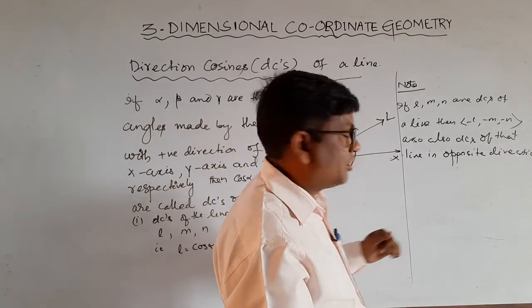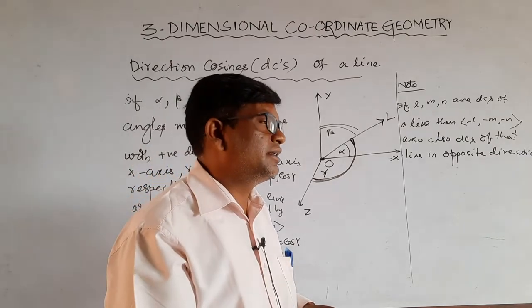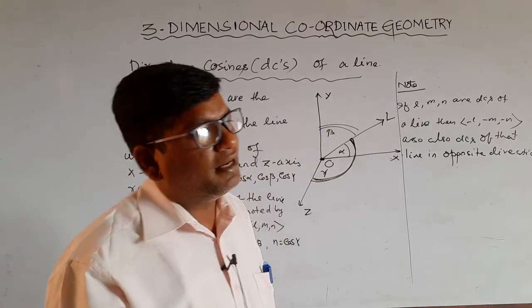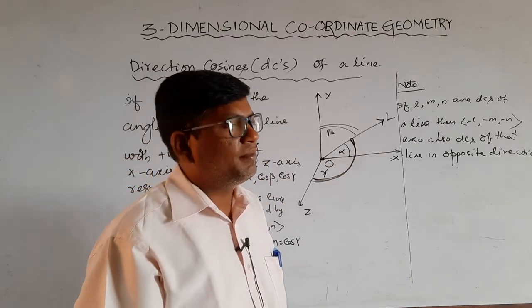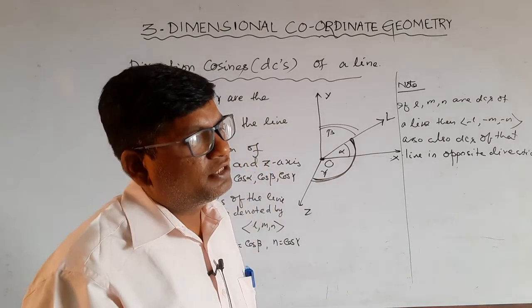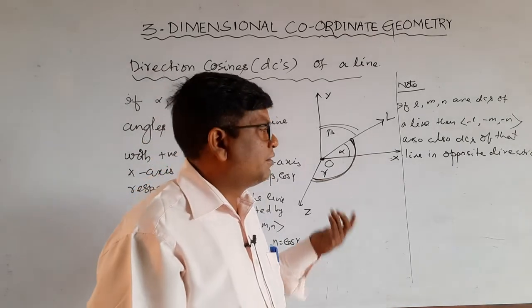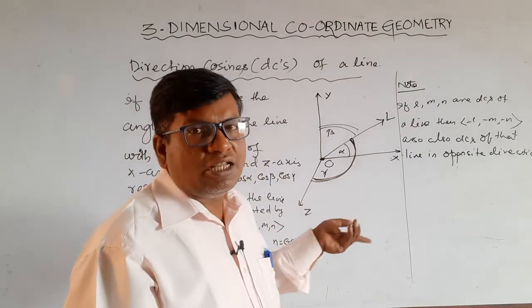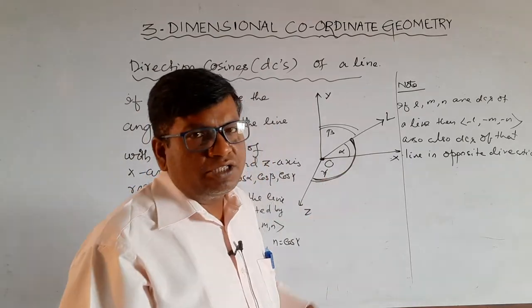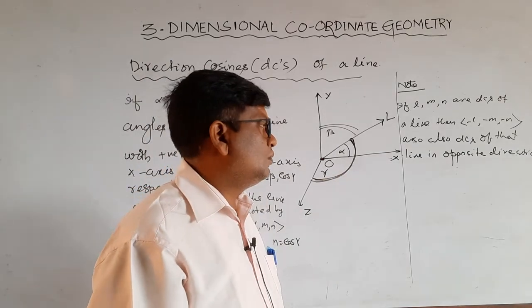Clear? Because if alpha, beta, gamma are the angles made with the positive axes, then the other angles are pi minus alpha, pi minus beta, pi minus gamma. So cos of pi minus alpha is equal to minus cos alpha, cos of pi minus beta is equal to minus cos beta, cos of pi minus gamma is equal to minus cos gamma. So minus l, minus m, minus n are DCs of that line also.